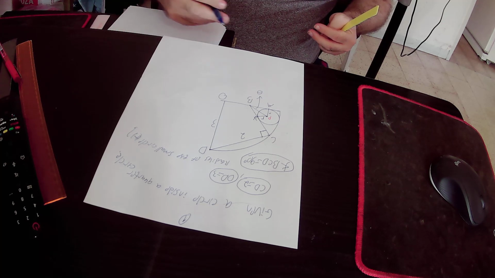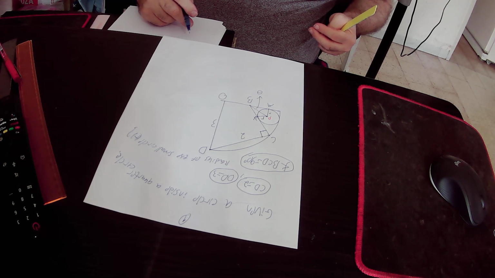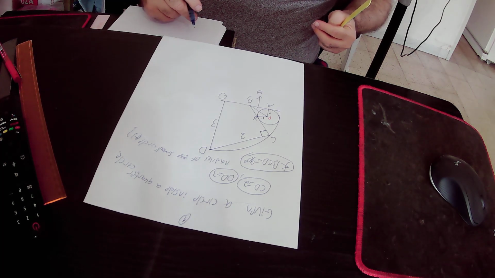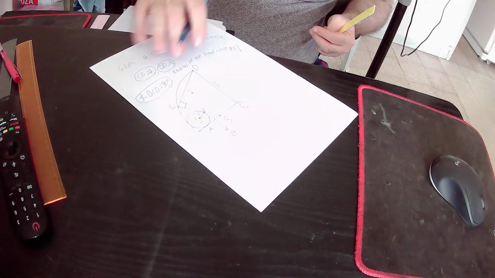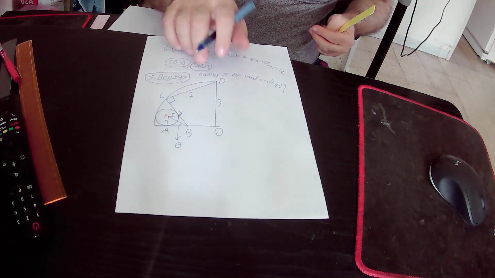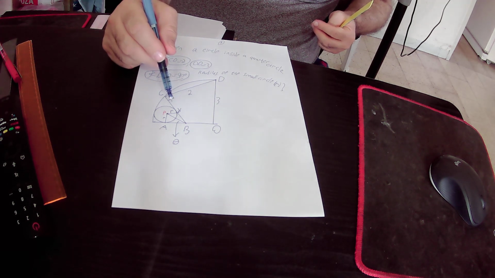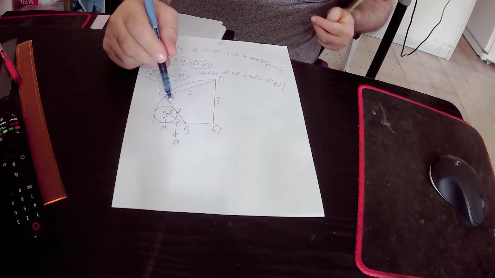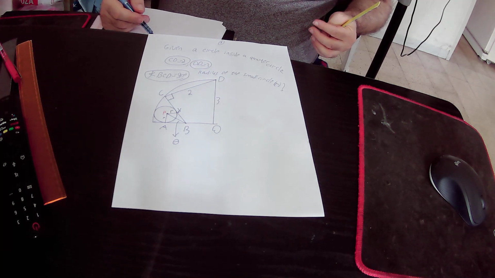Actually, side PB belongs to triangle APB, and side PB also belongs to triangle PBX. Therefore, side PB is a common side. It belongs to both triangles.